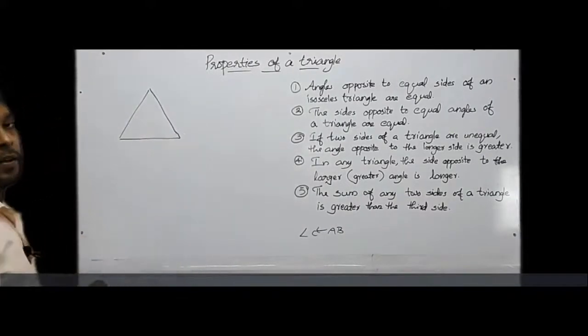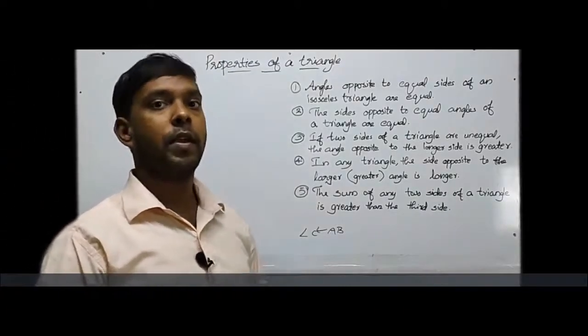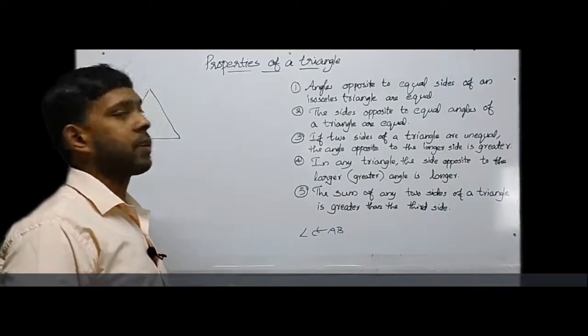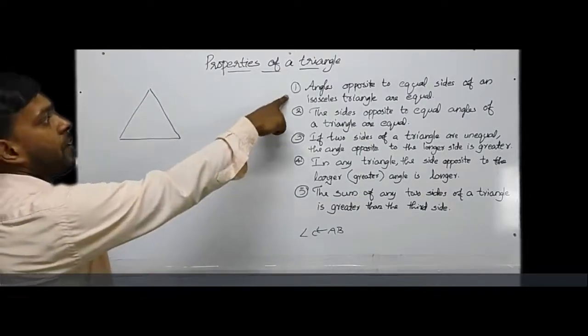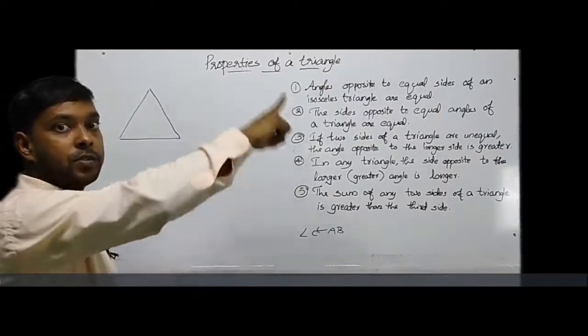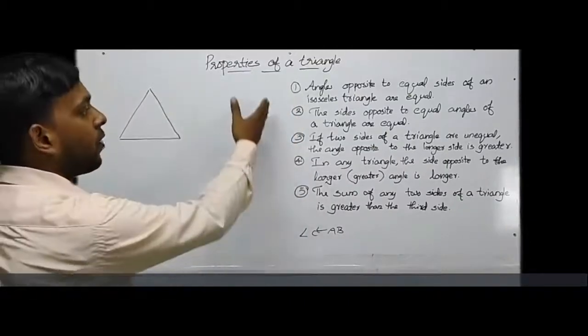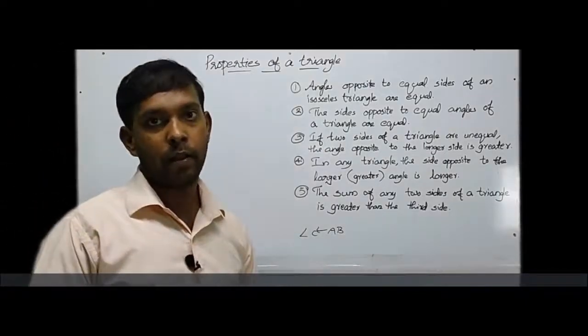In this case, it can be a scalene triangle, an isosceles triangle, an equilateral triangle, or any other type of triangle. The very first property applies only to the isosceles triangle. But the following properties can go with any other types of triangle that we talk about.